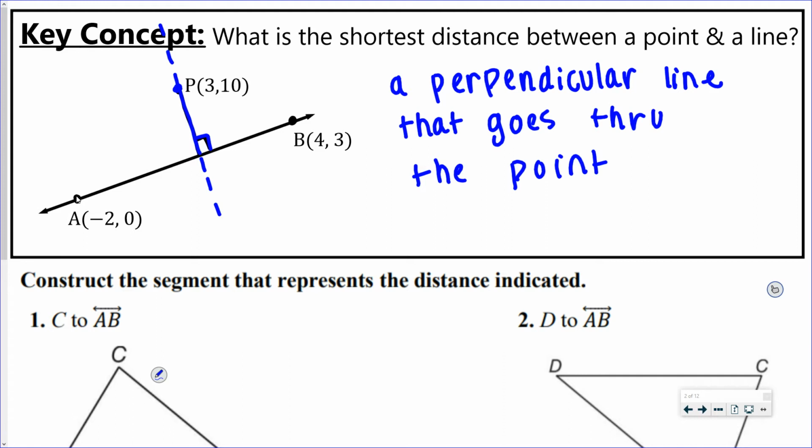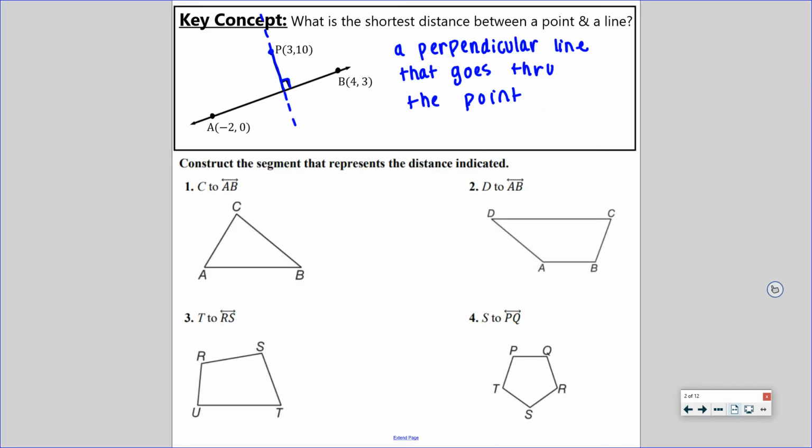Okay, let's try some examples. It says construct. We're not actually going to use the tools. There are ways you can do this with your compass and your straight edge, but we're just going to do our best. If you want to use a straight edge, you can. We're going to draw the perpendicular segment from the point to the line. So number 1, in this triangle, they want the shortest distance from point C, the top of my triangle, to this line AB, the bottom of my triangle.